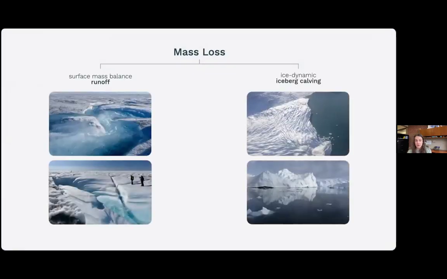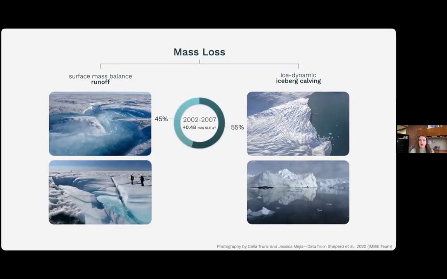So I won't dive too much into the introduction and details since I think we're all on the same page here: the Greenland ice sheet is losing mass. So is the Antarctic ice sheet, but the Greenland ice sheet is losing mass at an accelerating rate, particularly over the last few decades. This mass loss is typically broken into two main components: the runoff component, that meltwater runoff, and ice dynamic calving.